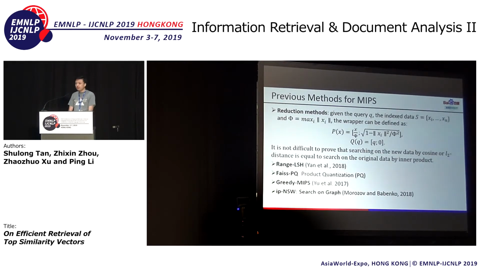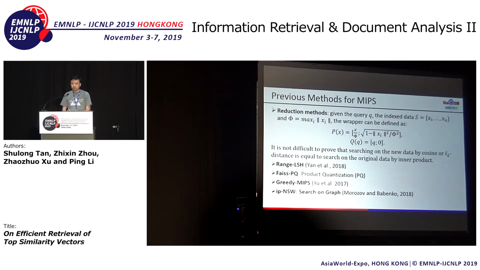Now I would like to introduce some previous work. The first one is the technique of adding a wrapper. We can increase the dimension and add a term, which is written as the square root of 1 minus the norm squared divided by the largest norm. For the query, we also need to add one dimension, that is a 0.